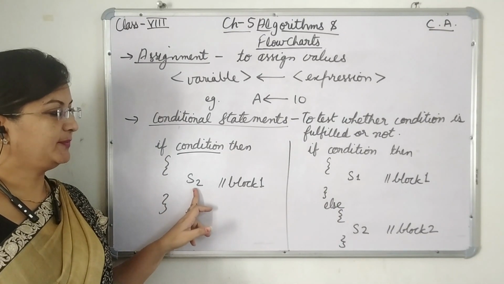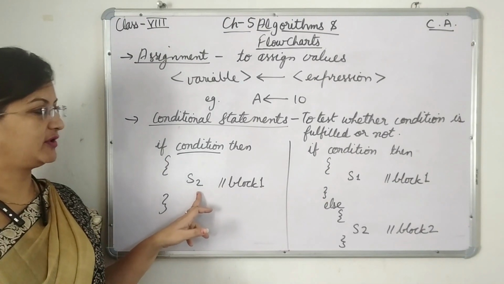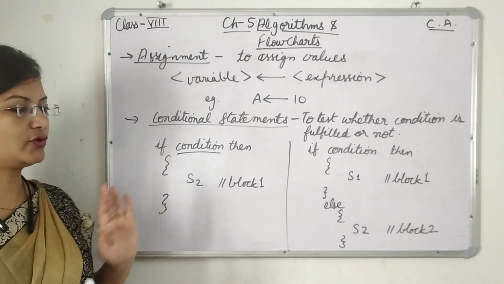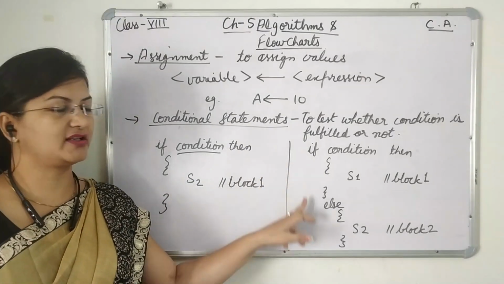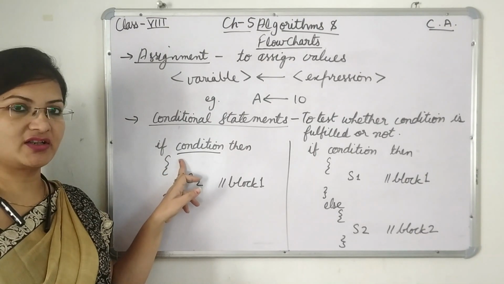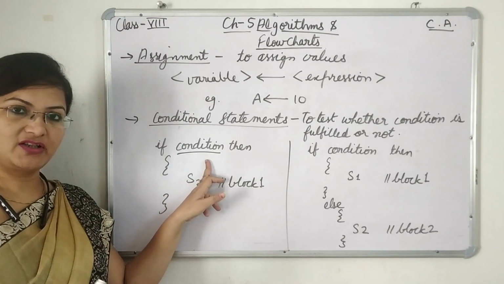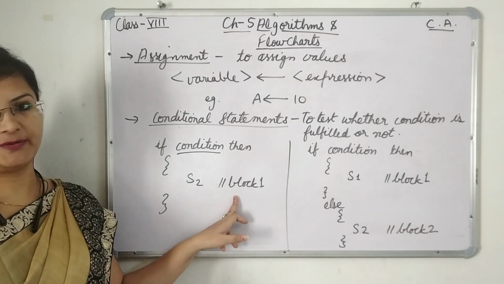So S2 or S1, whatever statements are there, will be executed. So this is for the true-only if condition. This is the if condition, this is the if else condition, you can see. Okay, so here this is only the if condition, and if this if condition is true, then only the if statement will be executed, means the if block.